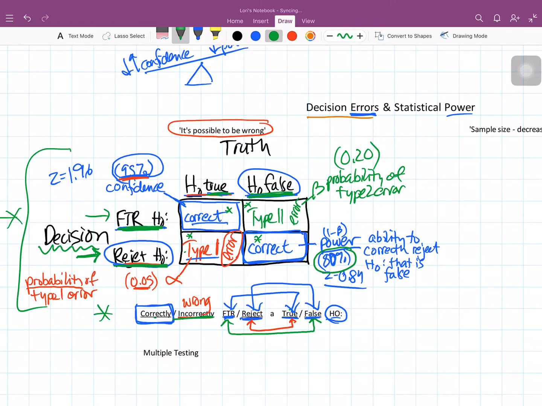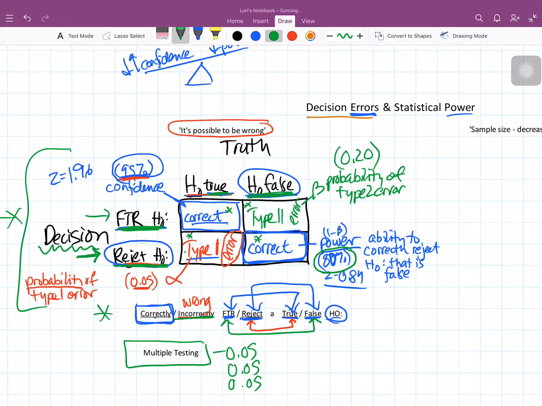The last thing that I need to tell you about these decision errors is that if we keep testing, doing what's called multiple testing, if we do multiple independent or one sample t-tests over and over again, we get 0.05 error with one, 0.05 error with another, and over time you don't technically add them together.